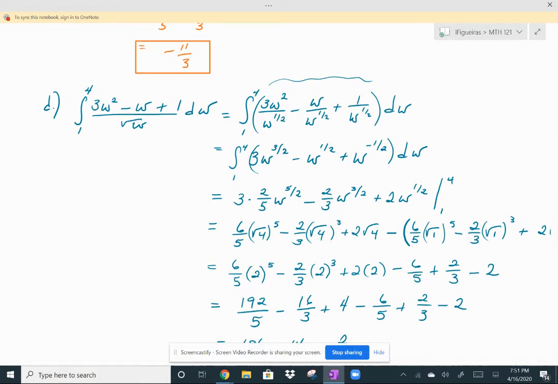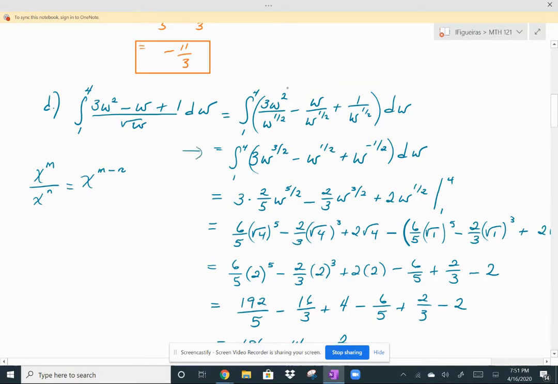Remember, w to the 1/2 means the same thing as the square root of w. So what's the rule for exponents? In order to combine them, you need to remember that when you have two exponential expressions with the same base, you subtract the exponent in the numerator minus the exponent in the denominator. So that's exactly what we did in line 2 of this problem right here.